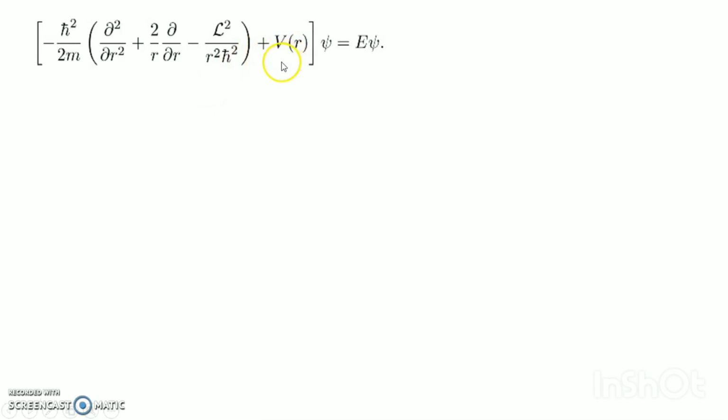Without the radial variable, we have a complete set of commuting observables: the angular momentum operators L² and Lz. For the radial variable, we need a minimum of one more operator, one that commutes with both L² and Lz.